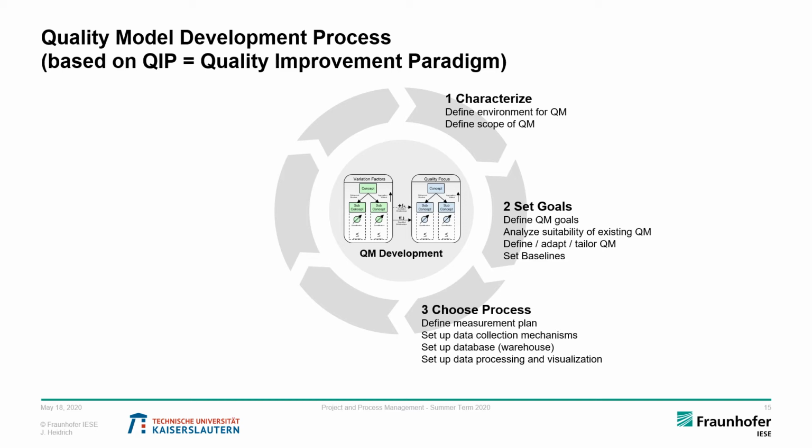After the definition phase, we have to think about how to collect the data. So the measurement process basically is defined. We need to define a plan from which data sources we can collect, retrieve the data. We need to think about data collection mechanisms.